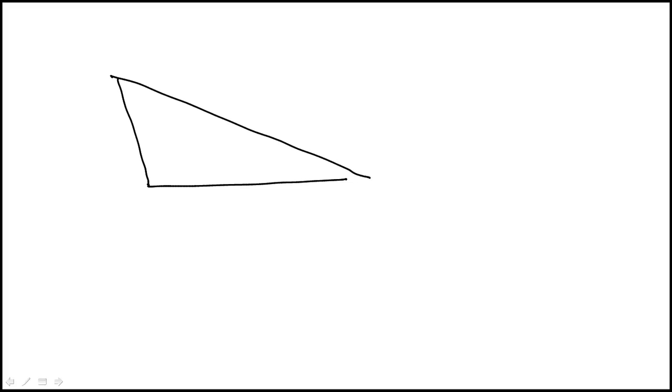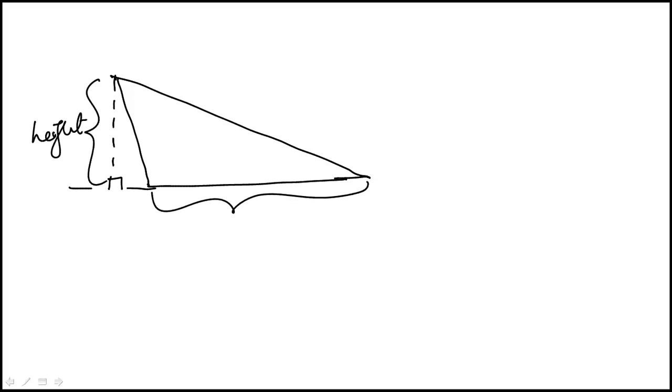Now, when you have a triangle, as far as the height, you always look at the perpendicular distance to the base from the opposite side. So if it's something like this, then this would be your perpendicular distance. This would be the height. And then that length would be the base.